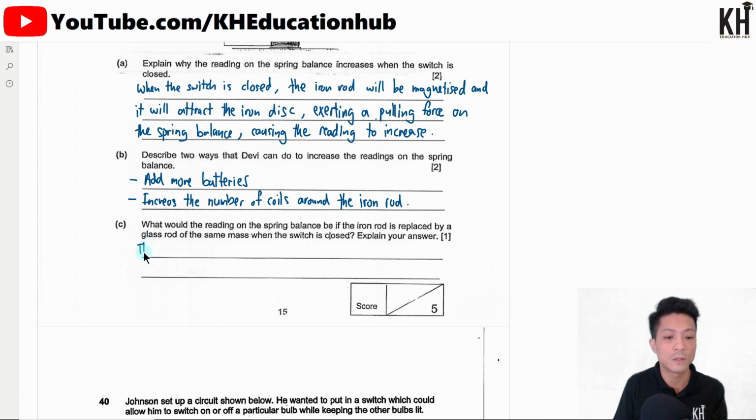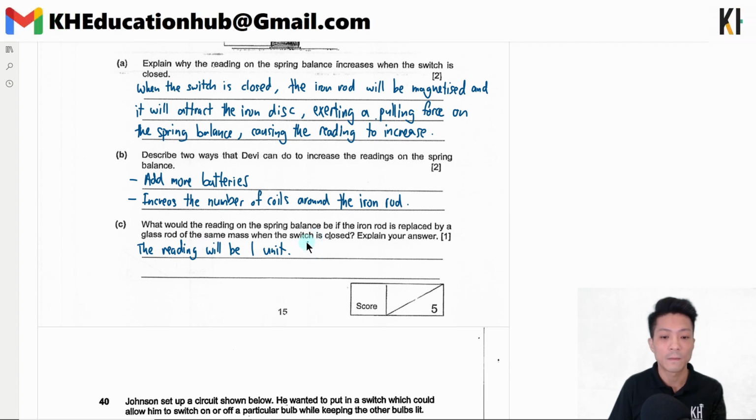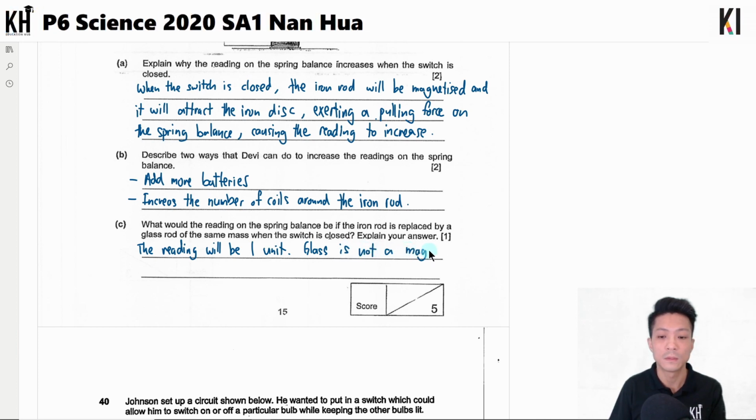The reading will be 1 unit. Glass is not a magnetic material.